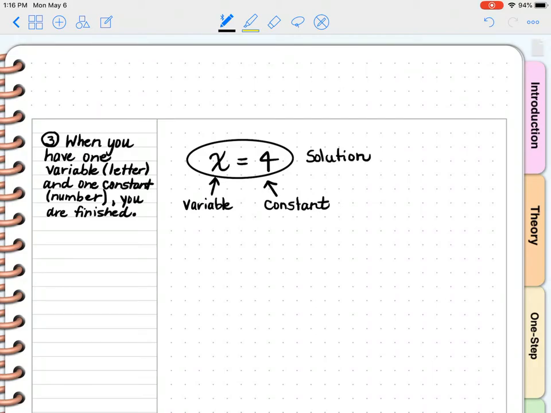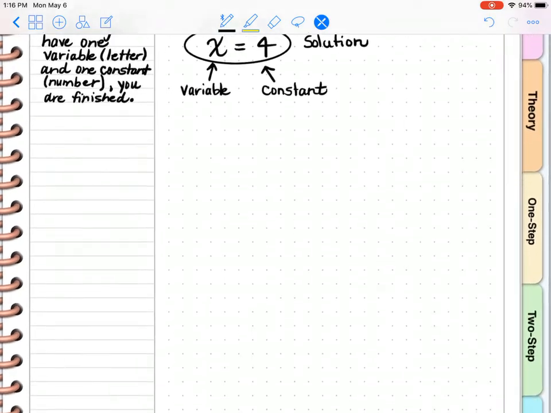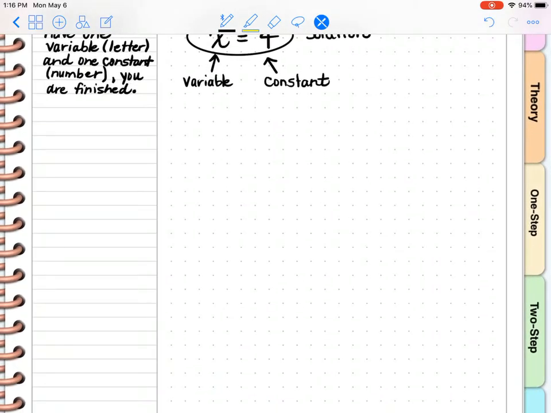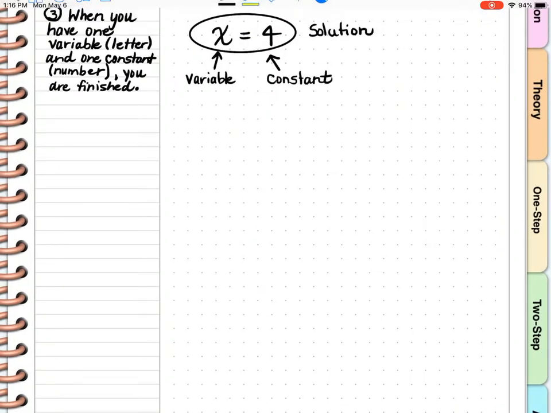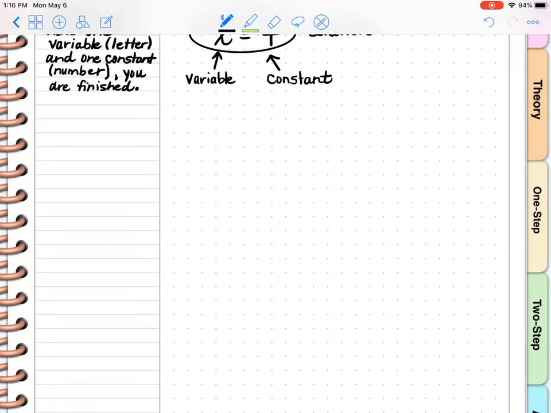So let me ask you a question. Let's think through this to come up with our solution. Is this the same as this? Does it matter which side the variable or the constant is on?